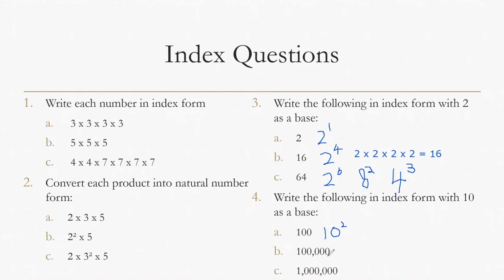Remember I said, can you read the whole answer starting with the number itself and then say equals? 100,000 equals 10 to the power of 5. Yes, it is 10 to the power of 5. Good. And the last question.